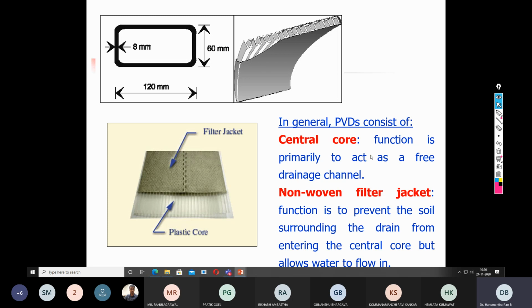The central core primarily acts as a free drainage channel to allow the water from any depth to reach the ground surface. The non-woven filter jacket allows water to flow in. So this is the function of the non-woven filter jacket and the function of the central core.